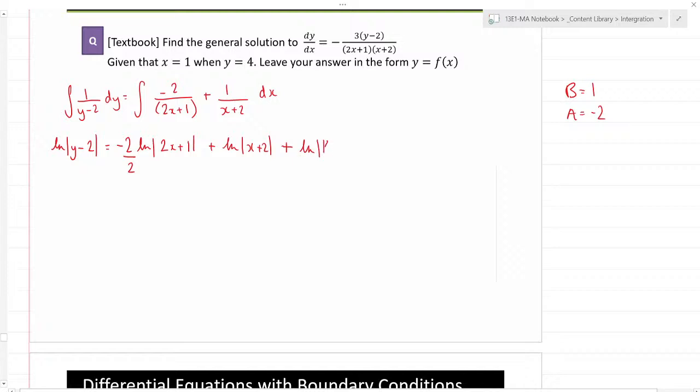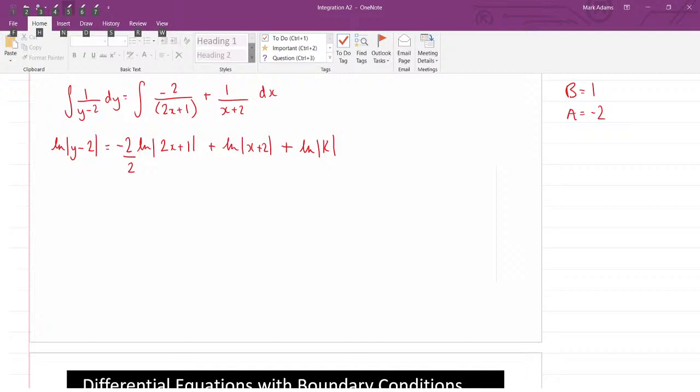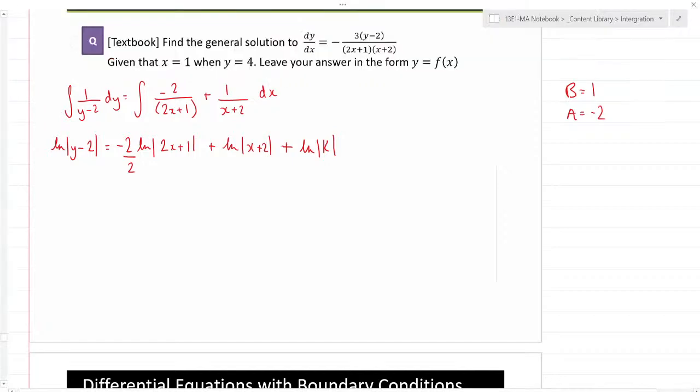Is everybody right with that, yeah? Okay, so they will cancel, won't they? The minus and the minus there. So that will cancel. Actually, let's write it all in terms of ln first. So ln mod of y minus 2 is equal to, if we're subtracting that one there, it means we're dividing. We're also timesing by that k because it's addition.